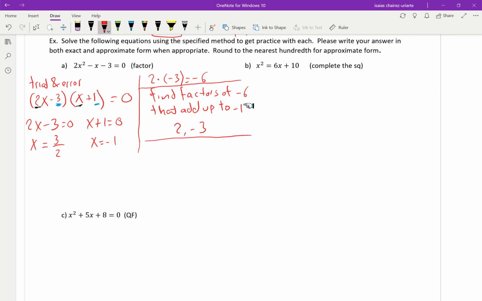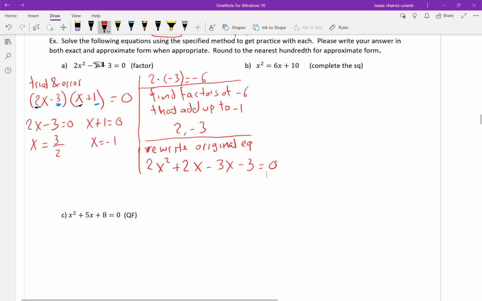Okay, and so then I'm going to rewrite the original equation. It's going to look like this now: 2x squared plus 2x minus 3x minus 3 equals 0.